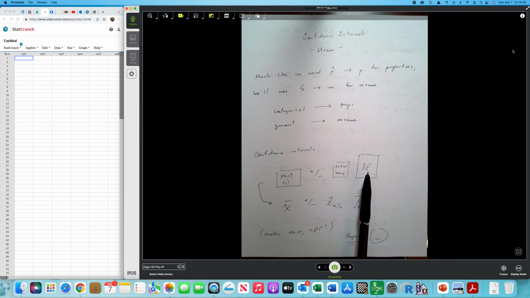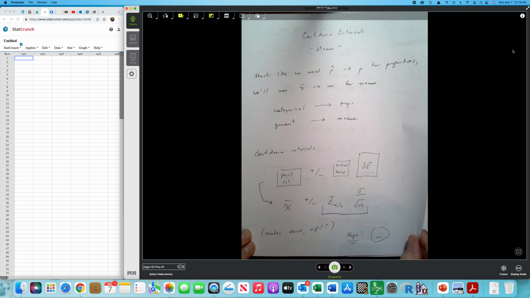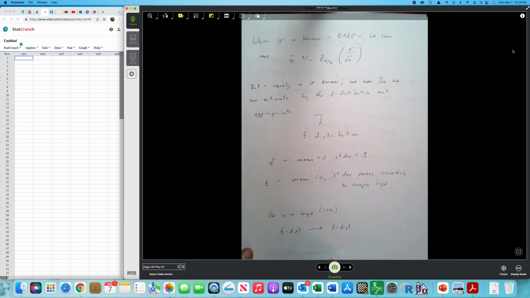And you would think that from the central limit theorem, the standard error would be sigma over the square root of n. Well, it's not. All of this stuff over here, which we should know by now, is called our margin of error, and it is different when we're estimating means and not proportions. So just hang on. Let me try to teach it to you.